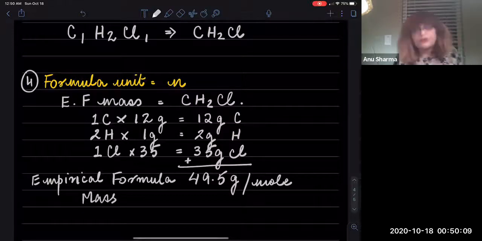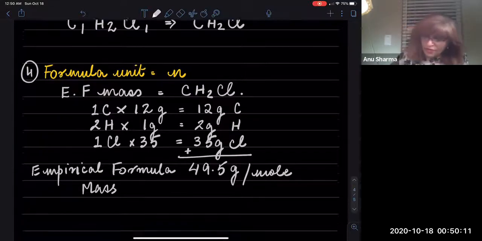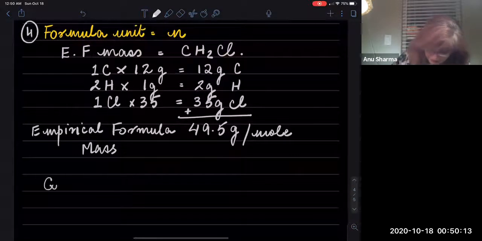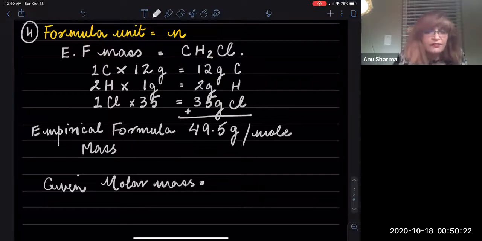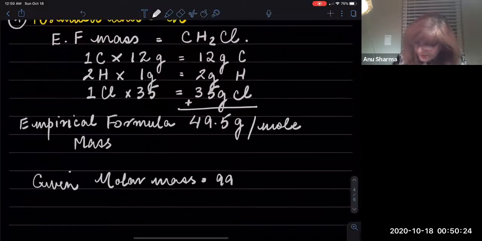Now, we are given the molar mass, and that molar mass is equal to 99 grams per mole.